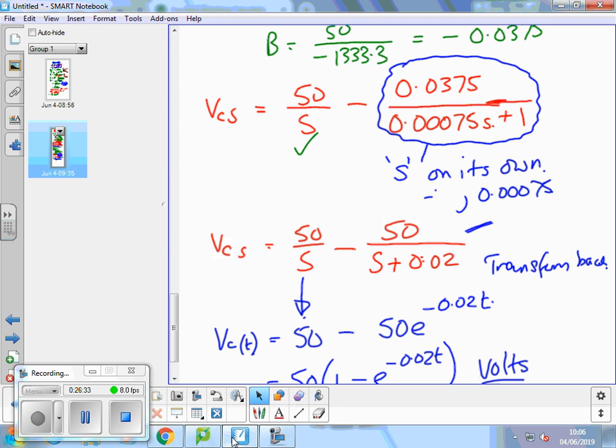And going back to here, we need to correct this mistake. That is 1333, you know.